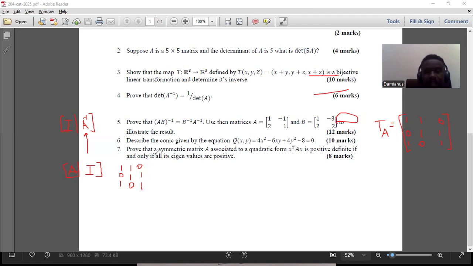So that's our matrix. Then you write adjoined to it the identity, which is a 3 by 3, which is 1, 0, 0, 0, 1, 0, then 0, 0, 1. And so now this is the A I.